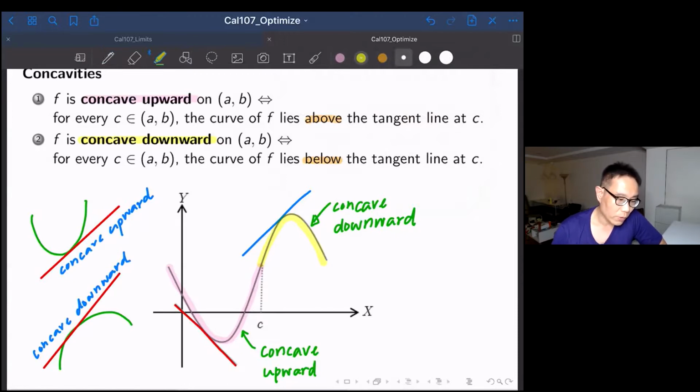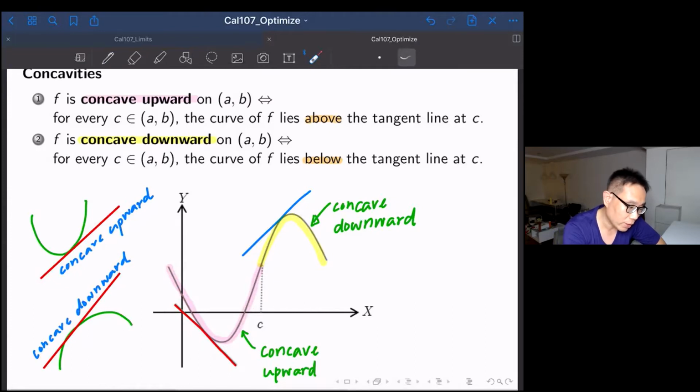The next thing we're going to study is how to determine concavity. You have the graph of the function, and if you consider the slope of the tangent line, you see that the slope is increasing. It comes from negative, it's negative at this point, and it turns positive at this point, and it gets larger and larger.